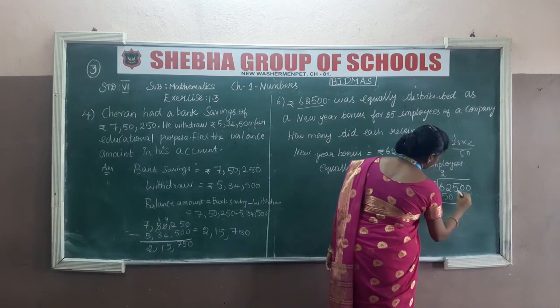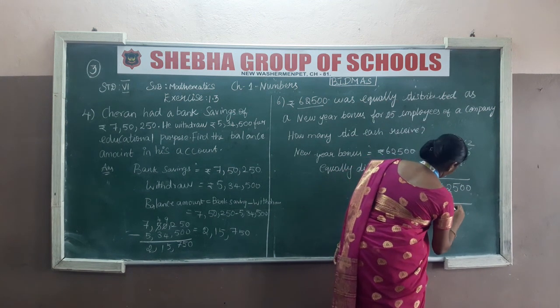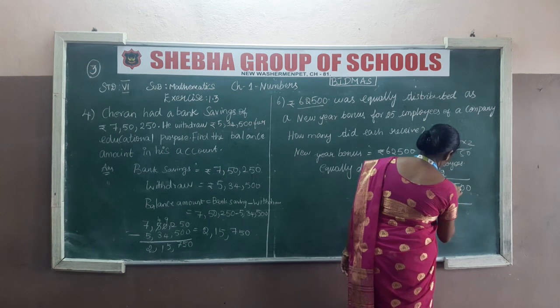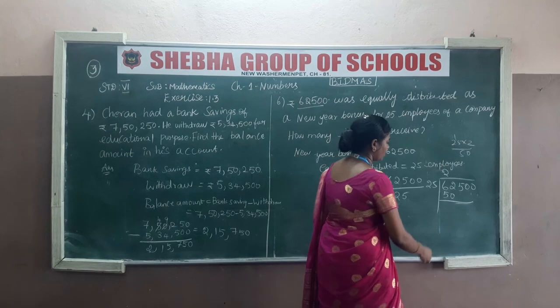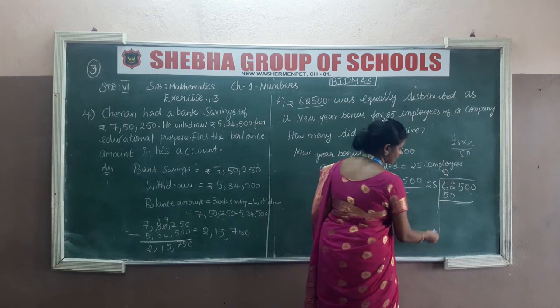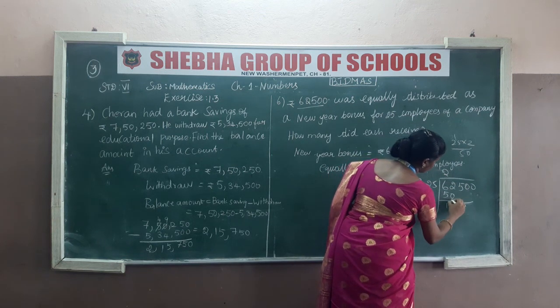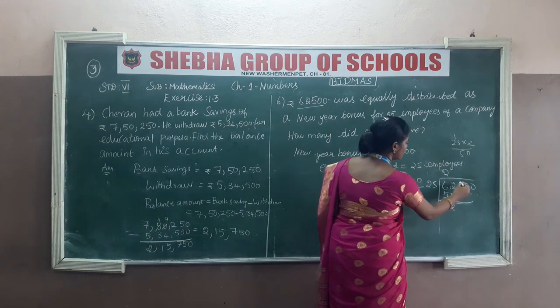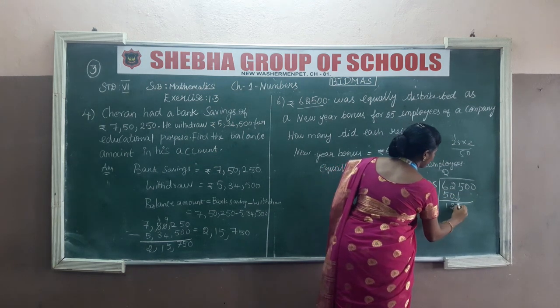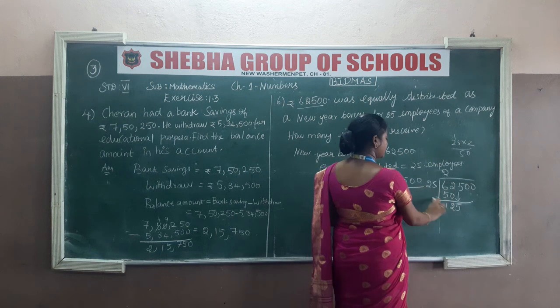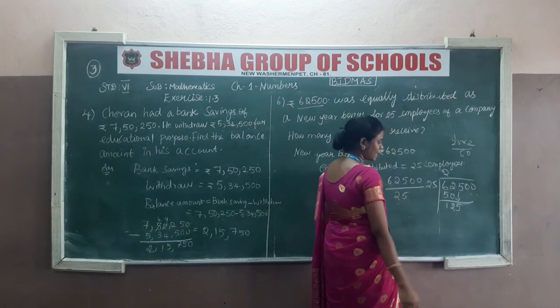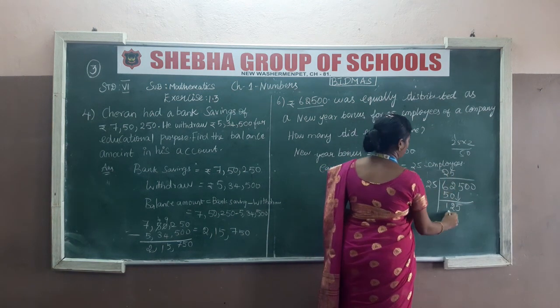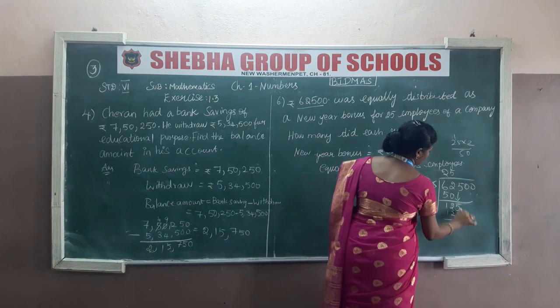So minus, you have to subtract it. So 2 minus 0 is 2, 6 minus 5 is 1. Then the number is 5. So in the 25 table, 125, how many times? 25 5s are 125. This is 0.